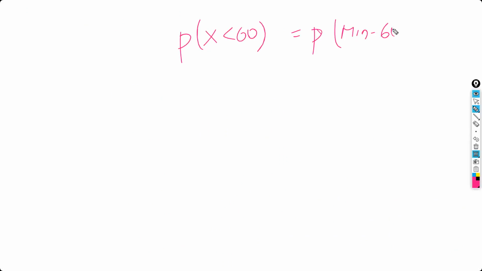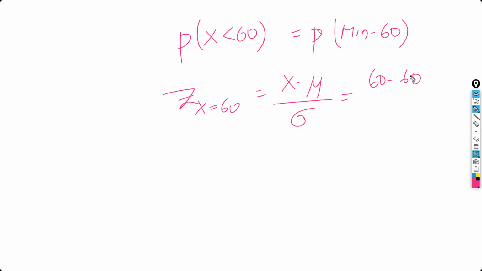What is the probability of x less than 60? This is the question. That is nothing but the probability from the minimum value to 60. First we calculate z at 60, which is x minus mu divided by sigma, which is 60 minus 60 divided by 10, which is 0 by 10, that is 0.00.